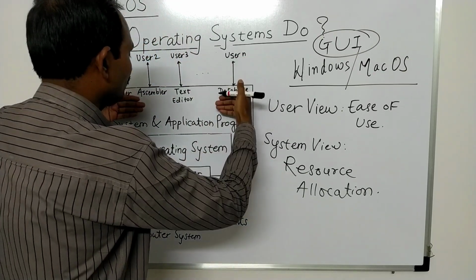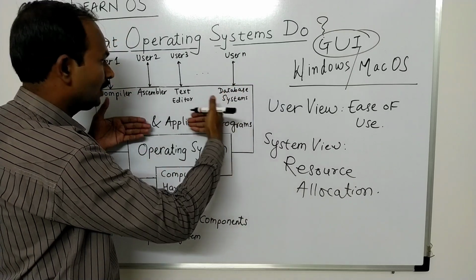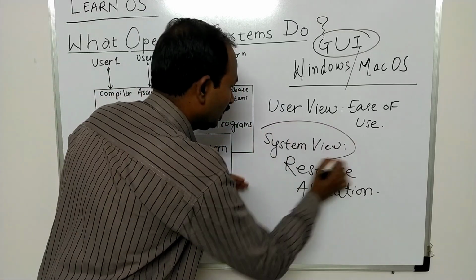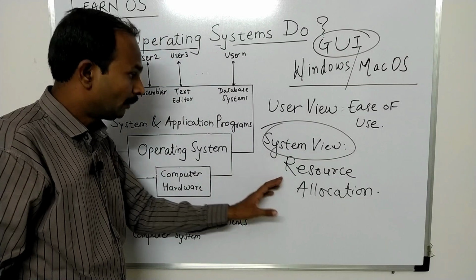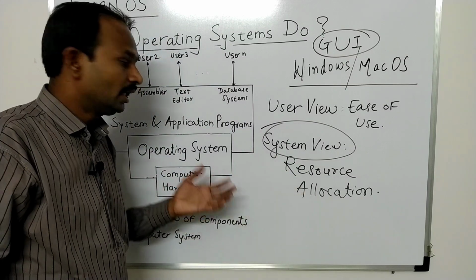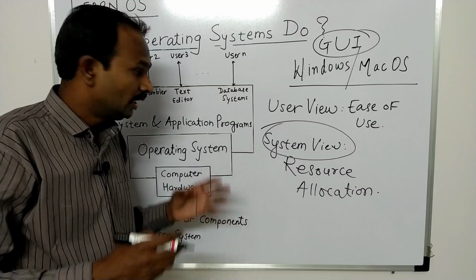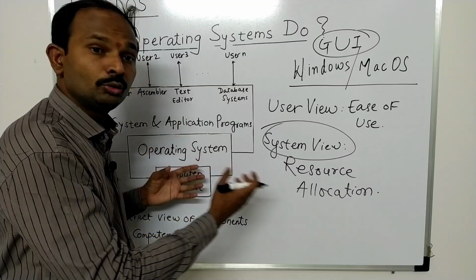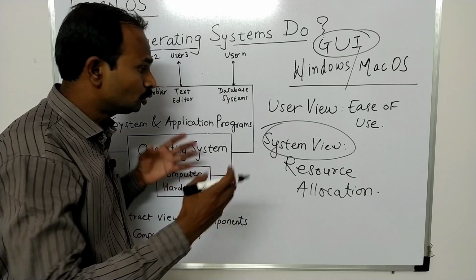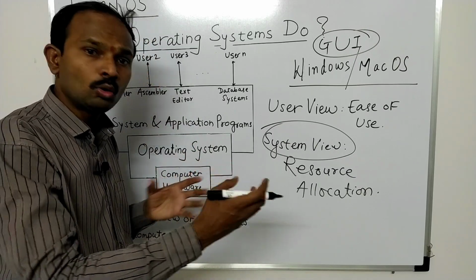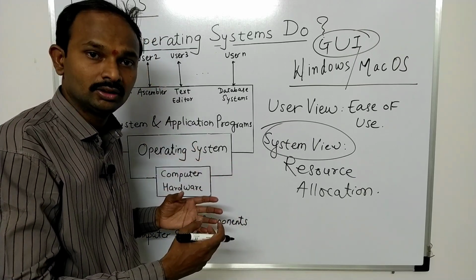The user inputs that are given to the operating system are not only the responsibility of the operating system, but also in the background it has to see to memory management, it has to see to CPU utilization, it has to also see to the I/O devices handling.